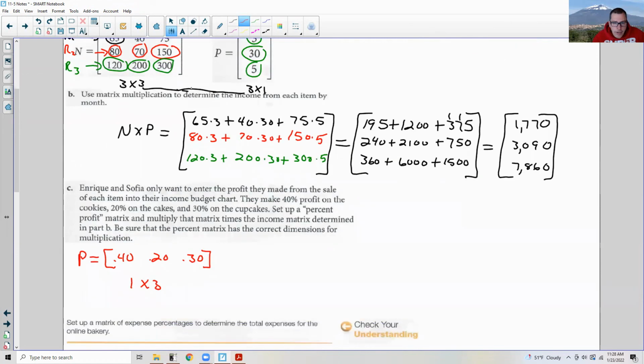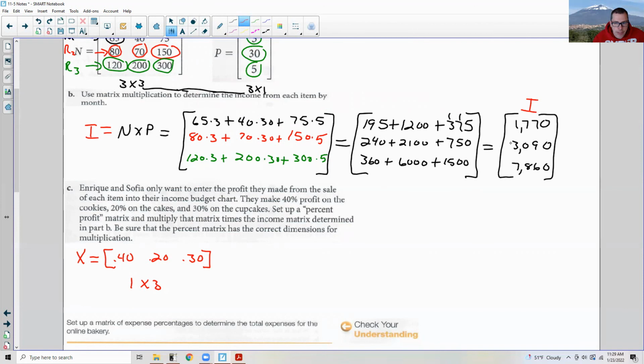So we want to now determine how much profit they made with this matrix. Actually, we named this n times p. We already named that p. So I don't know, Q, I don't care, it doesn't matter. The book says X, so let's just call it X. Matrix X is our percentage, and we're going to multiply it by our income matrix, which we ended up being n times p. So we let I equal n times p.